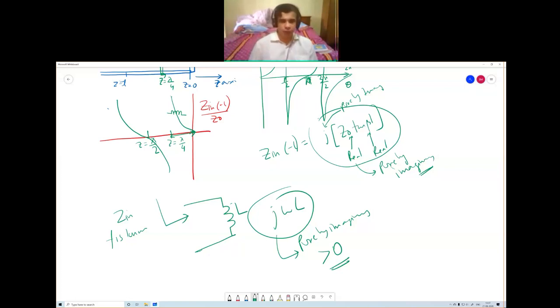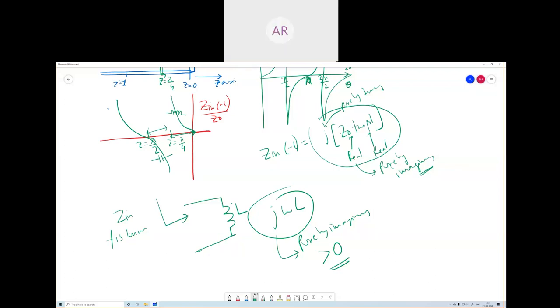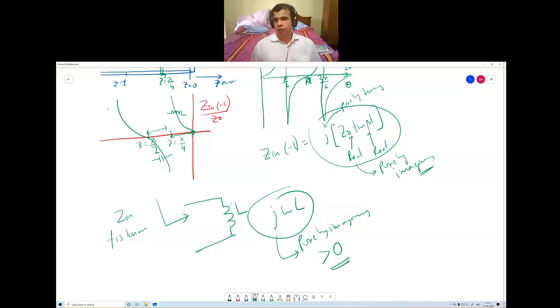And using the same logic, between here to here, it appears as a capacitive load, because now it is purely imaginary but less than 0. So see, although the line is short circuited, it may behave like an inductive load, an open circuit, and a capacitive load. And then again the cycle will repeat.